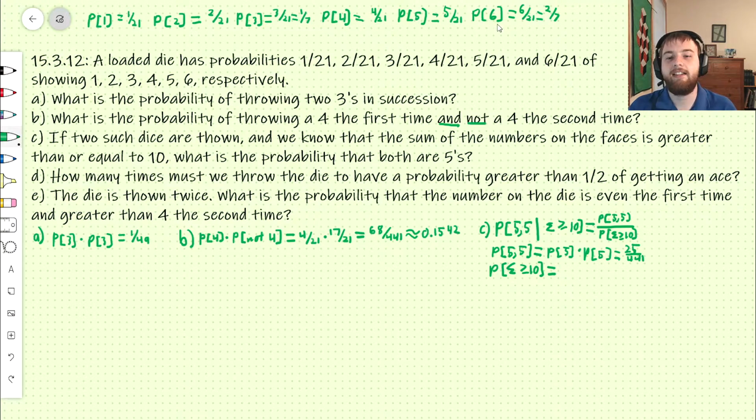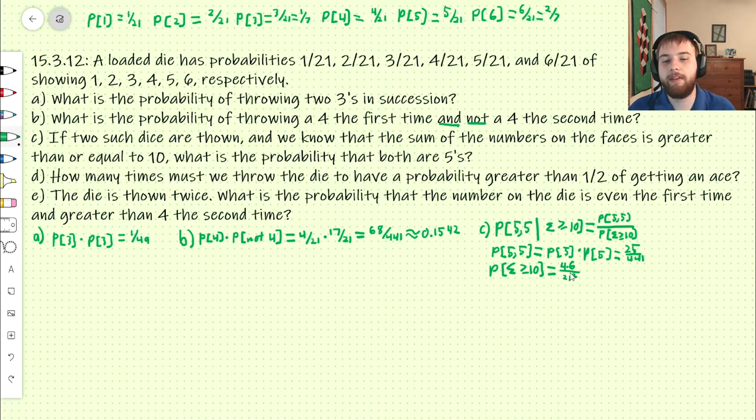Notice that this is not an and situation. This is an or situation. When you're dealing with ors in probability, you need to add the probabilities together in most cases. So let's take a look at this. It'll be 4 times 6 over 21 squared. That's just these two probabilities multiplied together.